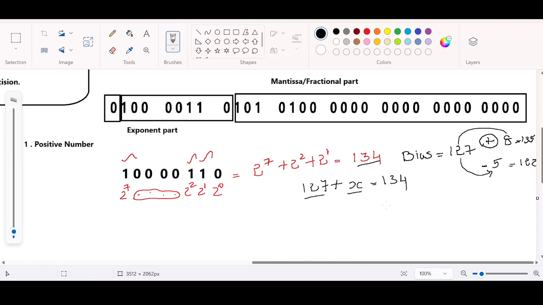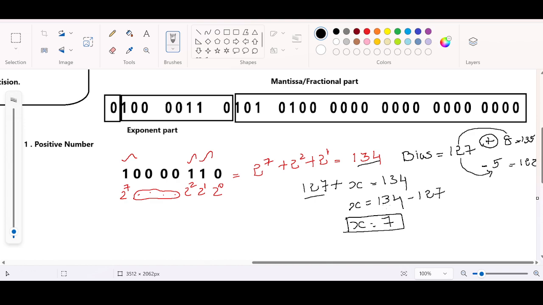We don't know what that exponent value is, so you need to find x. 134 equals 127 plus x, so x equals 134 minus 127. If you do this, you get 7. Now we have found that the value of the exponent is 7.